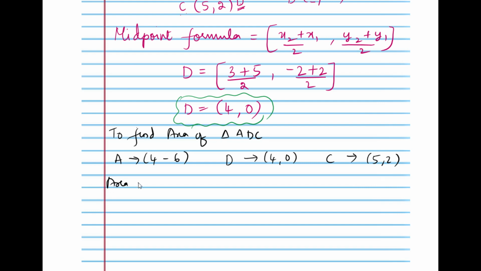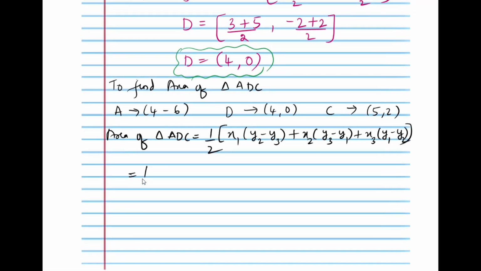Therefore area of triangle ADC equals half into x1(y2 minus y3) plus x2(y3 minus y1) plus x3(y1 minus y2).